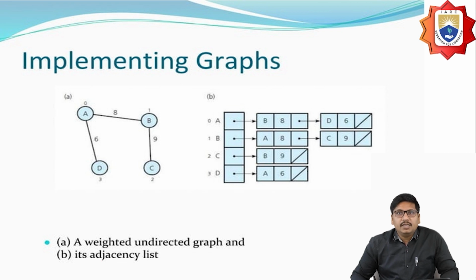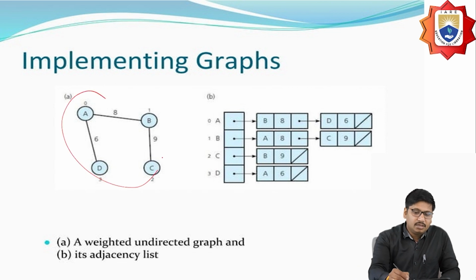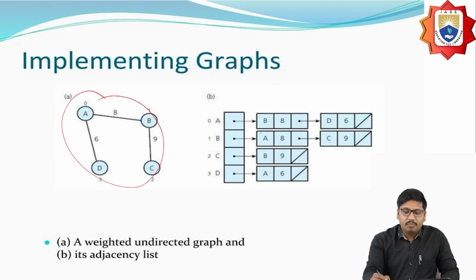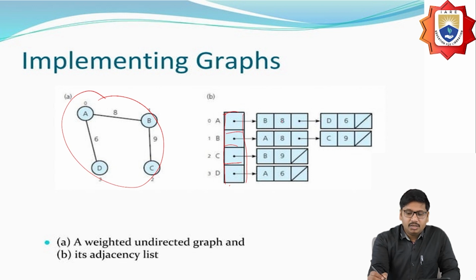And next one is the linked list, the adjacency list, what we call it. Suppose I have a graph like this, how can I represent the graph in the form of an adjacency list? This is the list header with the set of vertices. If there is an edge from A to B and the weight is 8, and from A to D, the cost is 6.